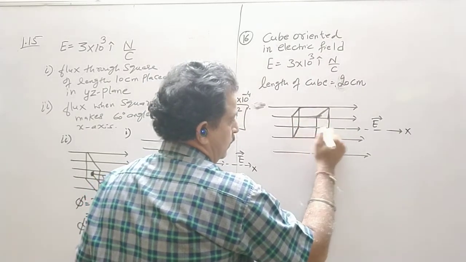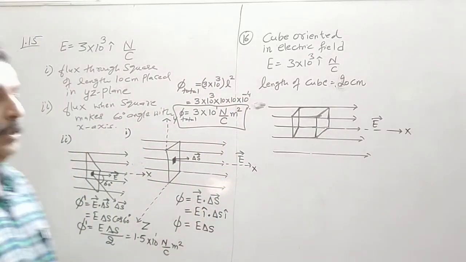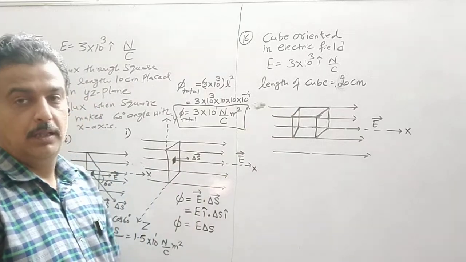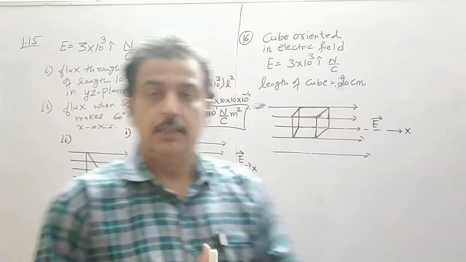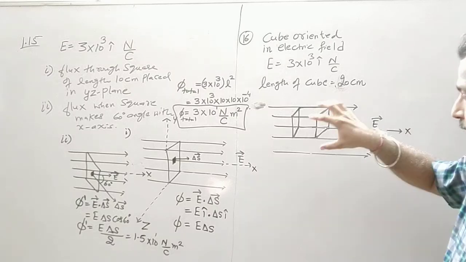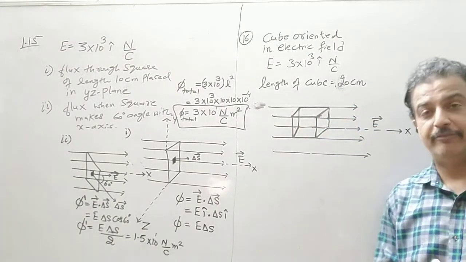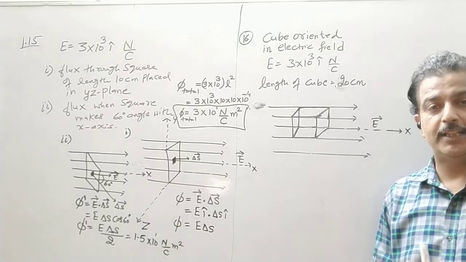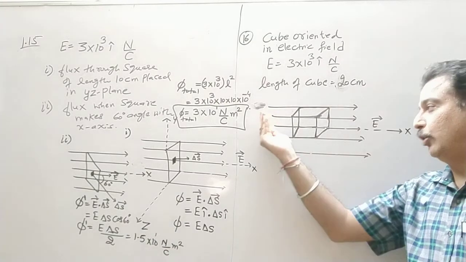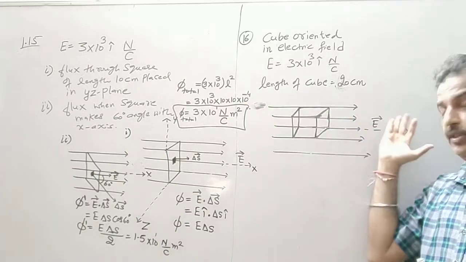Now you have to find out the electric flux through this cube. Now if you remember, you have studied in the theory that if we place any three-dimensional object, the flux linked with it is 0, and at that time I directly said whatever amount of field lines enter from one side, same amount comes out from the other side.